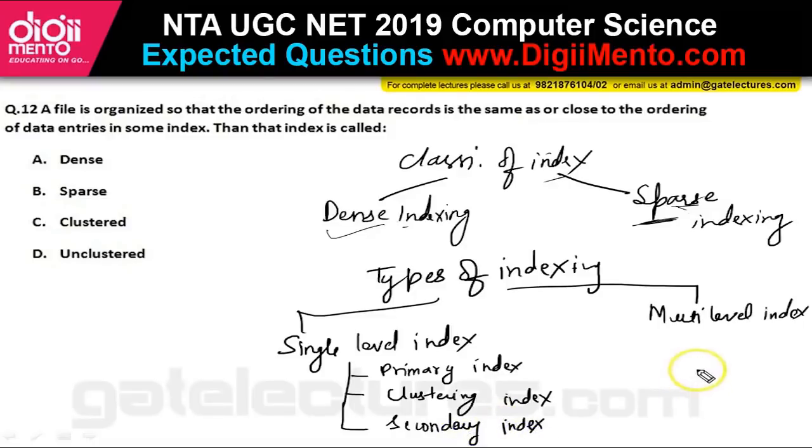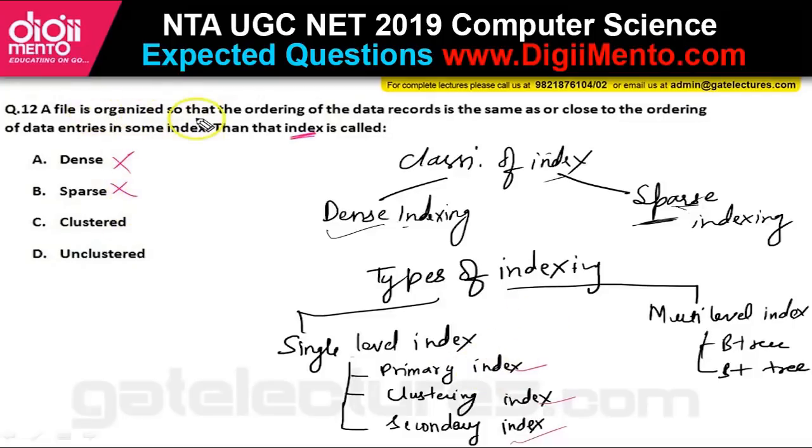In multi-level index we have basically B tree and B plus tree. So dense and sparse cannot be answered here. They are talking about the type of indexing. These are the classification. In single level or multi-level index, these can also be dense or sparse; it totally depends on the implementation. So clearly these are not the answers.